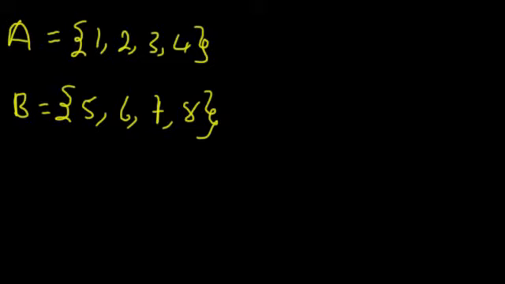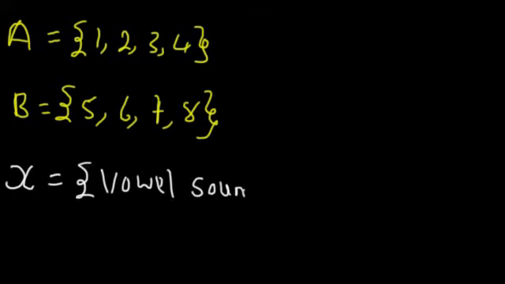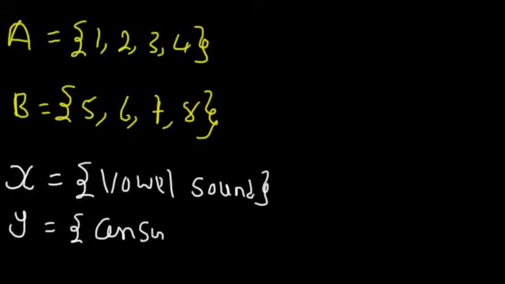Now let's try to work out one example. Let's say X is a set and it includes the vowel sounds, and Y is a set and includes the consonant letters. Now, are X and Y disjoint or joint?